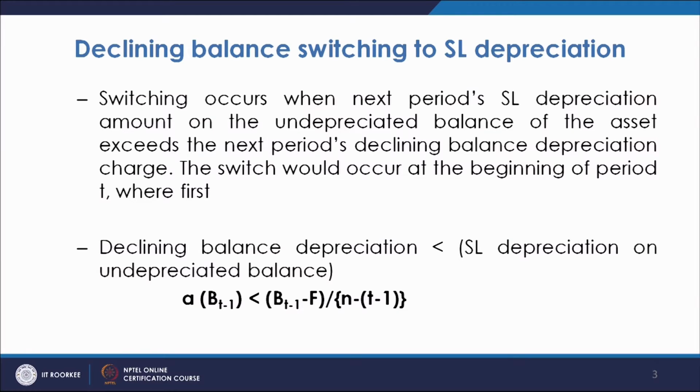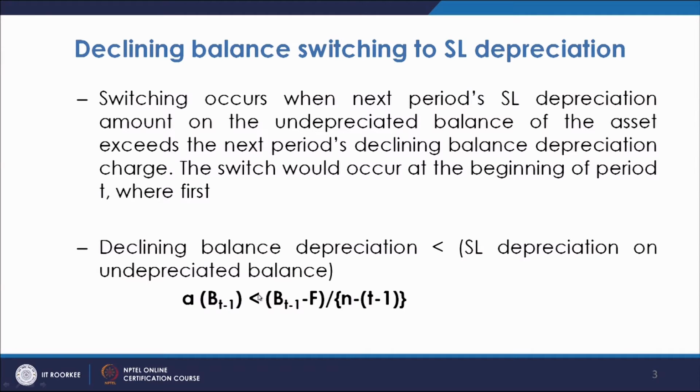Now, we know that using the declining balance method during the t-th year the amount of depreciation is alpha times the book value at the end of (t minus 1)th year, and for that time the straight line method of depreciation will calculate the depreciation charge as this.